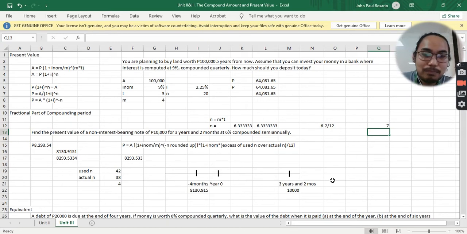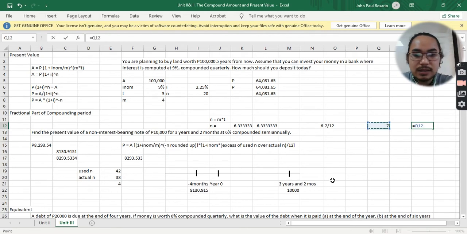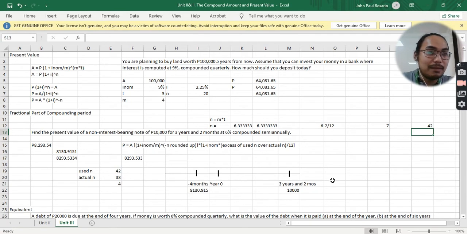So how many months is 7 semi-annuals? 7 times 6, that's a total of 42 months. How many months should we only be going back? 3 years times 12 plus 2, that's only 38 months. So you have an excess of 4 months. So you add to your present value computed using 7 periods, 4 months of simple interest.